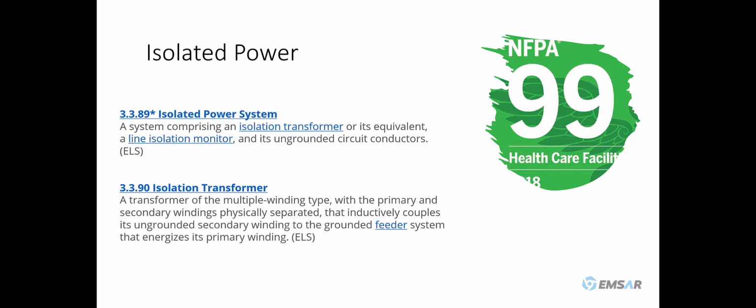power system. And this affects us because we cannot perform an electrical safety test on an isolated power system, because an isolated power system has an isolation transformer and a line isolation monitor that is ungrounded conductors. So, in essence, an isolated power system is not grounded like a normal device.